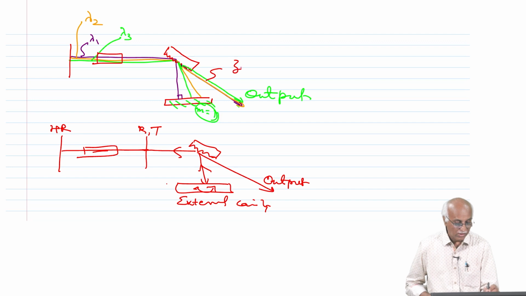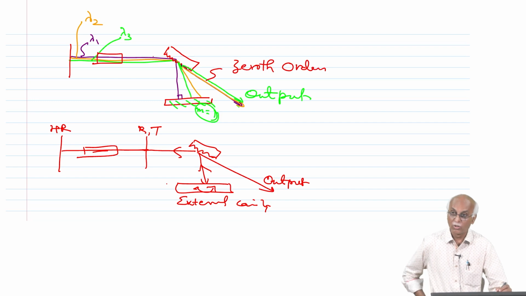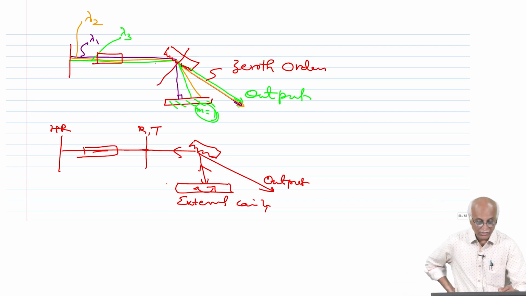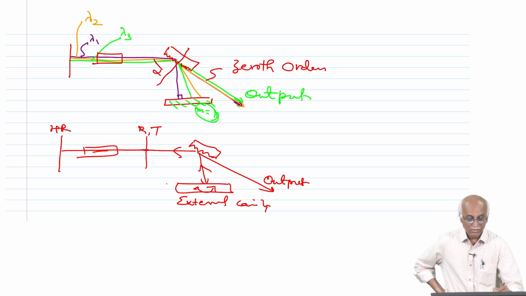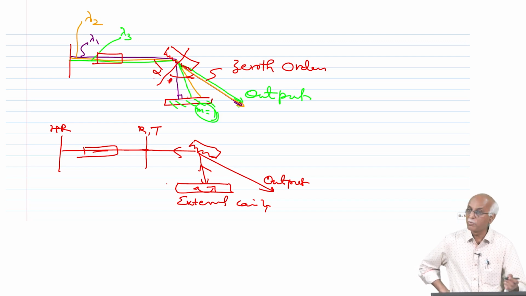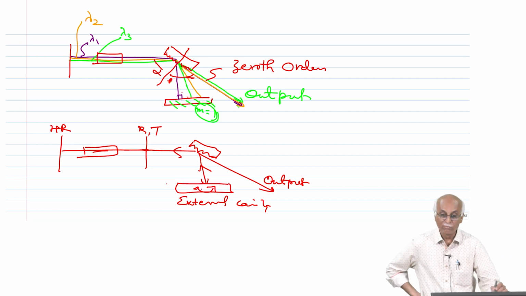So, this is the 0th order. Whatever the incidence angle alpha, based on the equation, this beta will be decided without any dispersion or diffraction. That is the 0th order, and the first order, second order we do not use; the first order provides feedback.